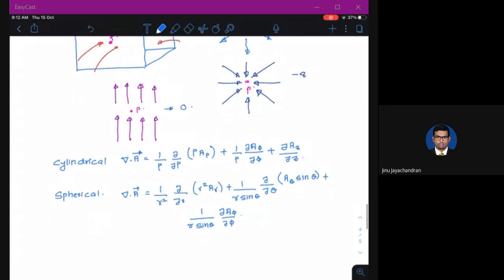Okay. All these equations are a bit lengthy, I know, but this is just for the sake of completeness. You might not get any questions from this, but still make sure you know the equations, just in case they ask.